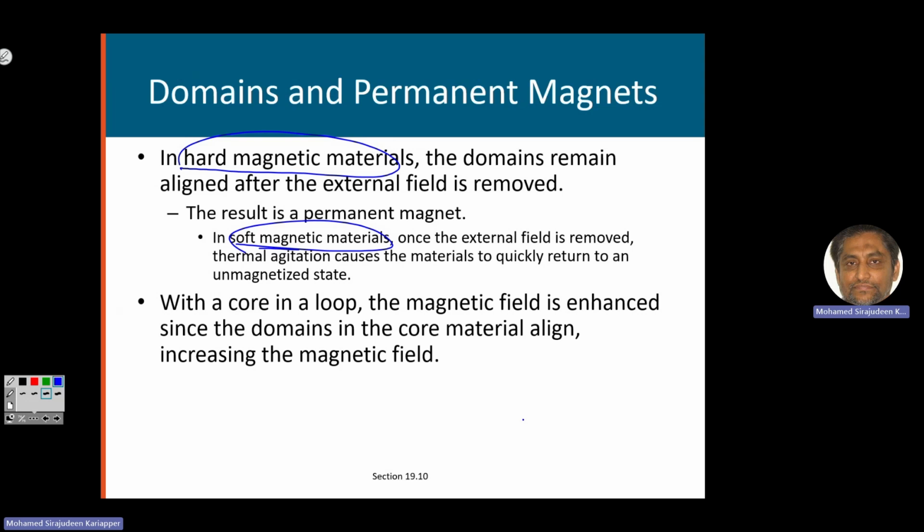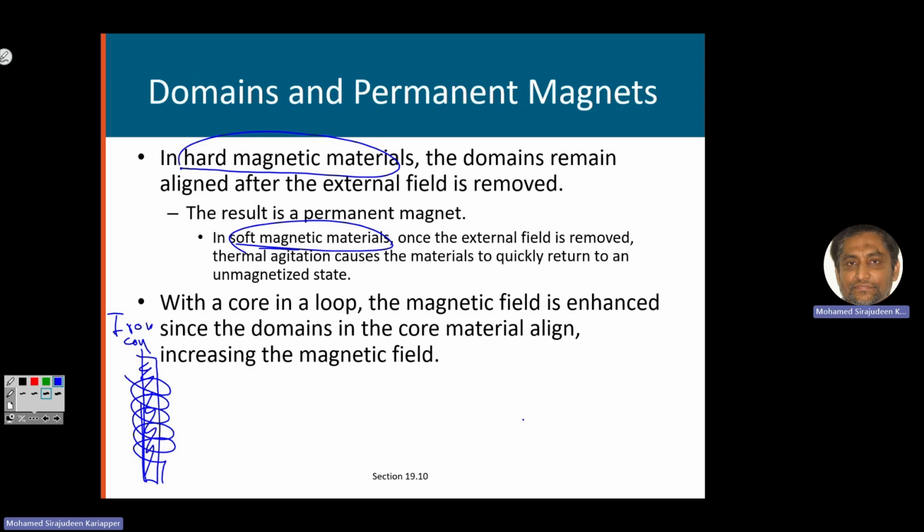There are applications of this ferromagnetic material. Suppose you have a solenoid or electromagnet, and inside, in the core, we can put a piece of iron, a ferromagnetic material. Then what happens? The domains inside this iron core, which is kept inside the electromagnet, become magnetized.